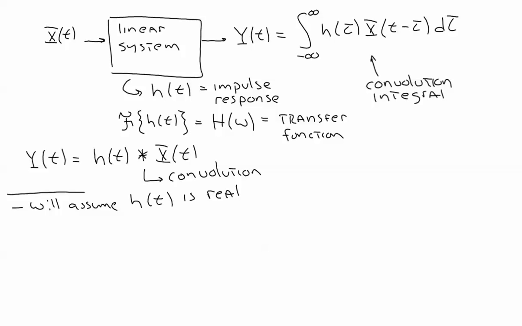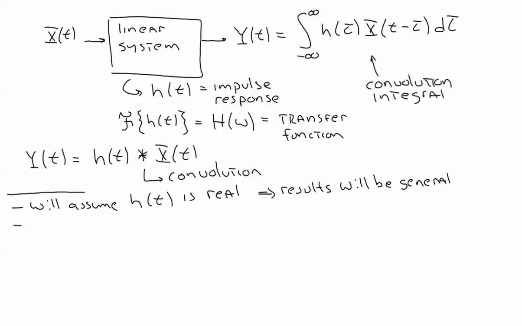That will allow me to simplify some of the math, but the results will be general. Meaning that the results that I get at the end of some derivations today will be applicable to systems that even have complex impulse responses or transfer functions.